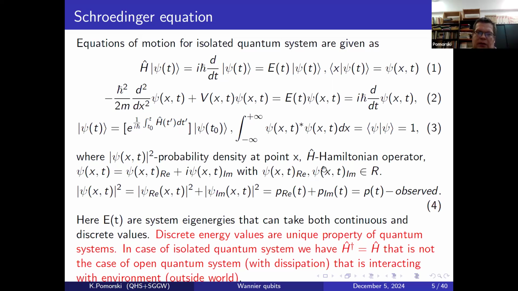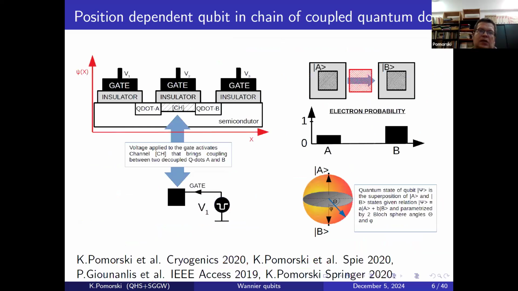All right. So basically, what is a position-dependent qubit? Well, it's a two quantum dot system.